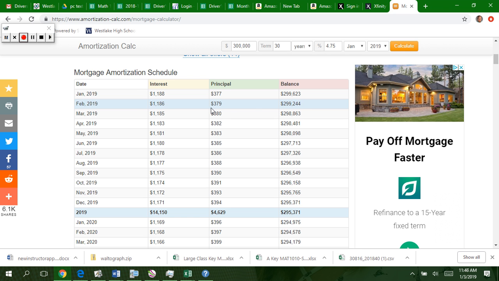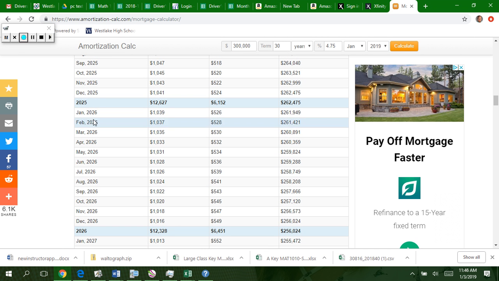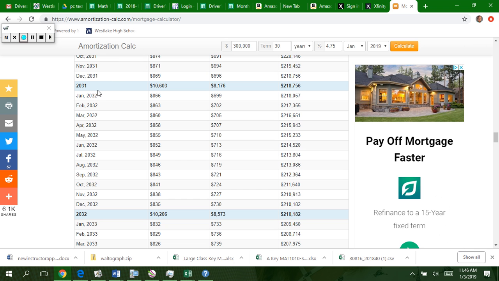Now I want you guys to notice how long it's going to take us to pay more on my principal than my interest. Let's go ahead and scroll down a little bit. Just after 6 years, I'm still paying a lot of interest. Let's go down here. I'm still paying more to interest.